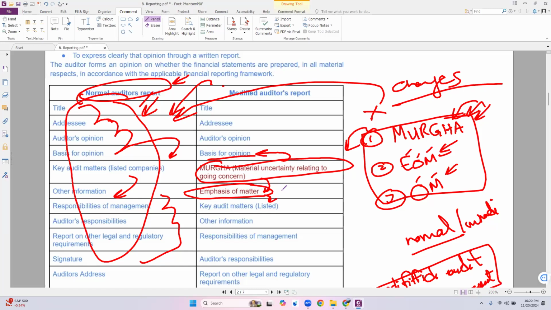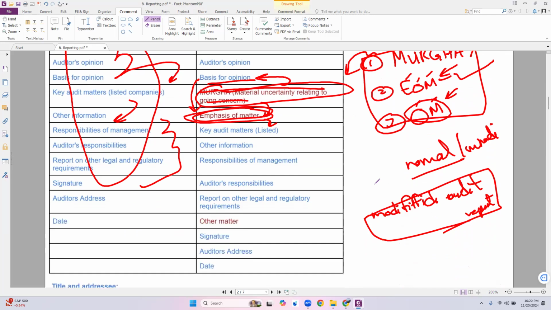Let's suppose in our modified audit report we did not add a Murgha paragraph, we only added an emphasis of matter paragraph. Where would that be included? We skip the Murgha paragraph, and right after the basis for opinion, the emphasis of matter paragraph would be included. The third one, the other matter paragraph, is included right after the report on other legal and regulatory requirements.